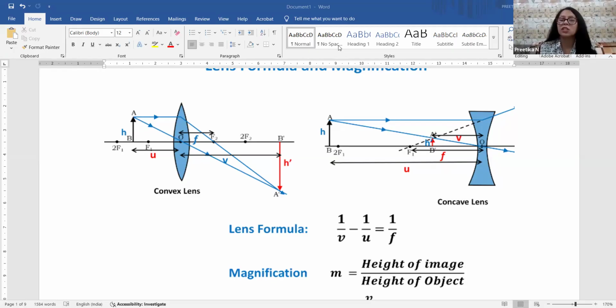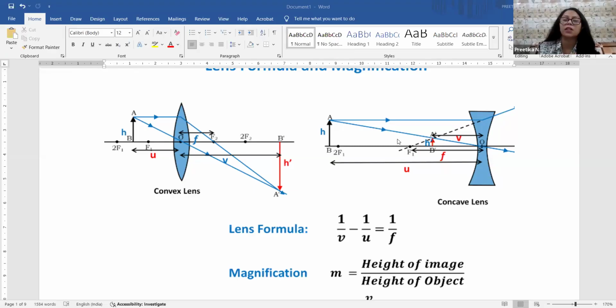Please tell me what V stands for, U stands for, and F stands for. You can say it randomly. Mishika, what V stands for, better? Ma'am, V stands for image distance. Okay. All right, that was right. Mayil, what U stands for? Mayil, what U stands for, better?